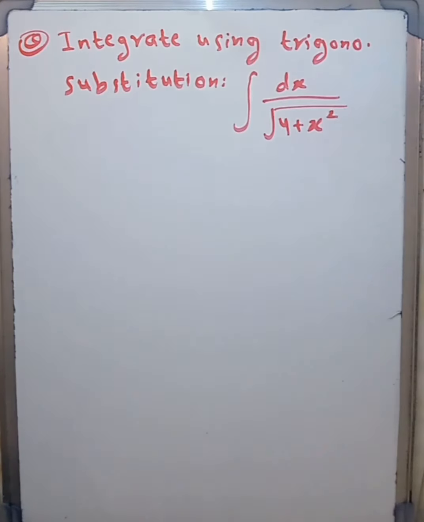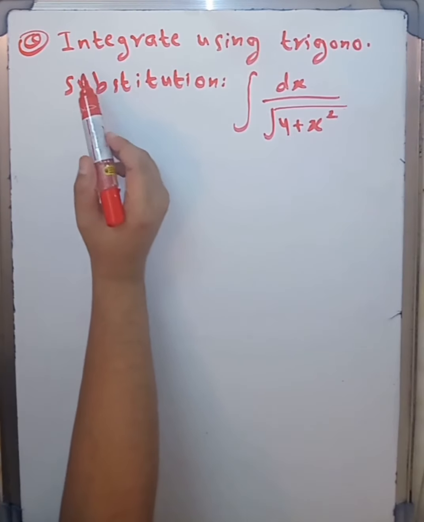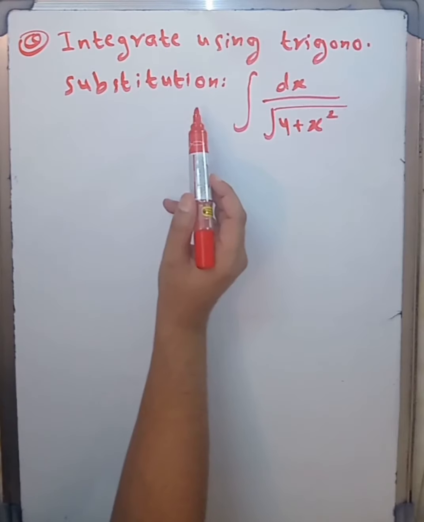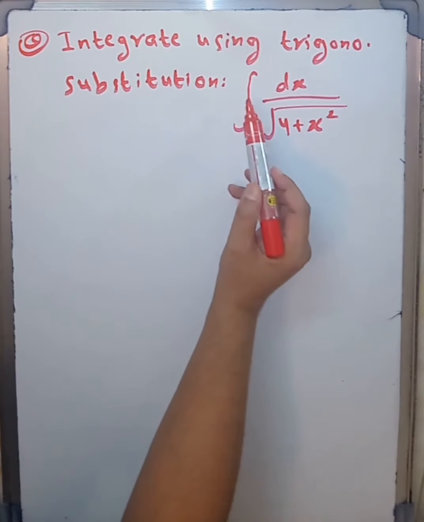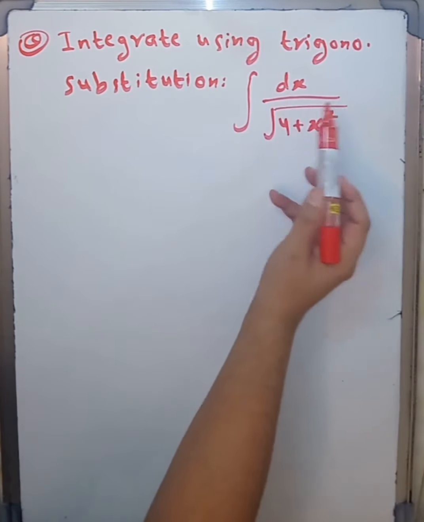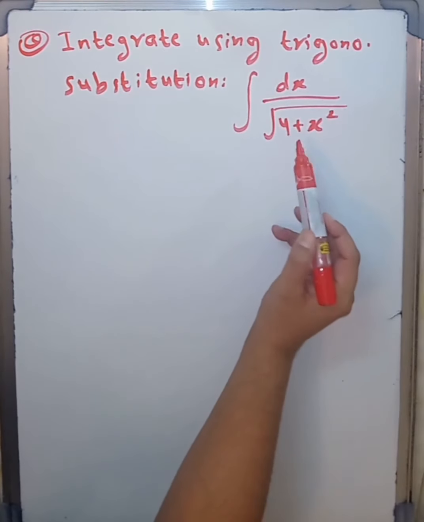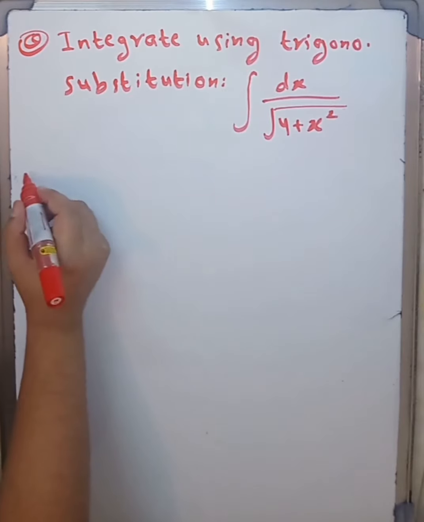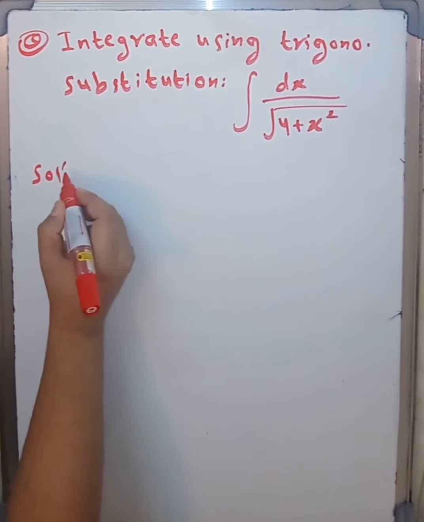Now let us solve a question. I have already written the question. Integrate using trigonometric substitution: integral dx over square root of 4 plus x square. Let us solve this.